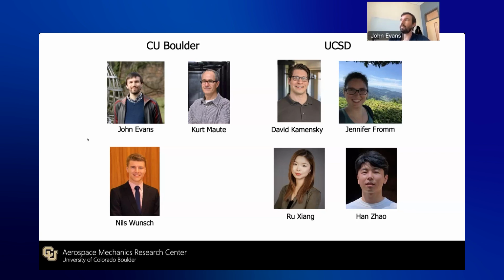And the majority of the work done at the UCSD side was done by Jennifer Fromm, but PhD students Xiang and Zhao also contributed to that effort. And the idea is that the CU Boulder team really developed the pre-processing tools, and I'll talk about what that means in a little bit. And the UCSD team really was in charge of retrofitting existing finite element code, in this particular case, the popular FEniCS platform, into an immersed code.